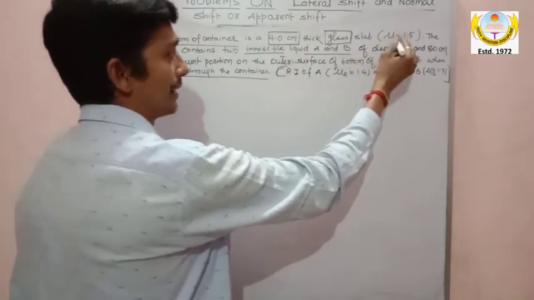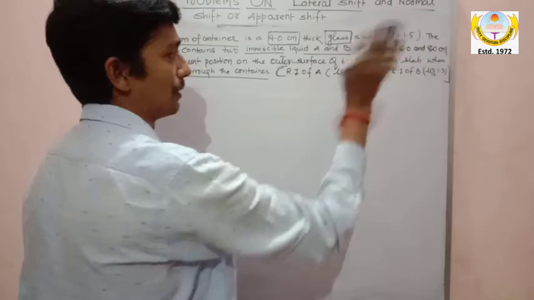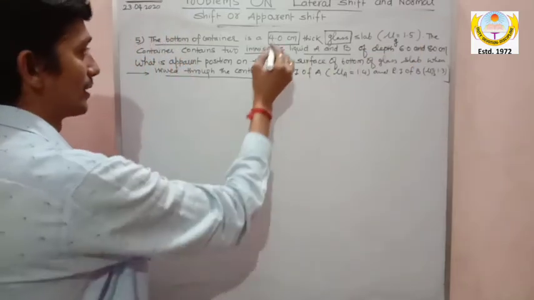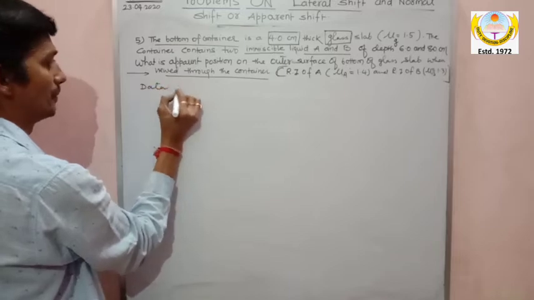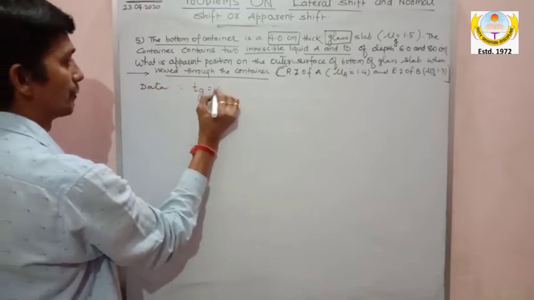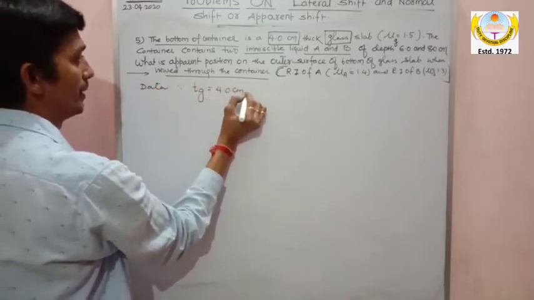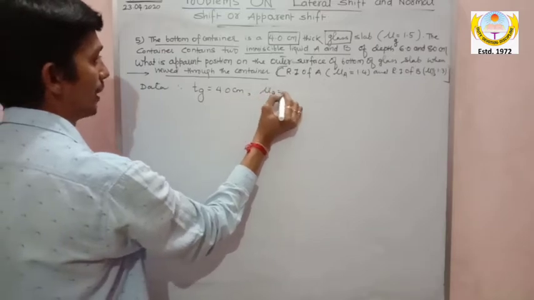And mu of glass is 1.5. So here I am writing the data: Tg is 4 centimeter, mu g is 1.5.